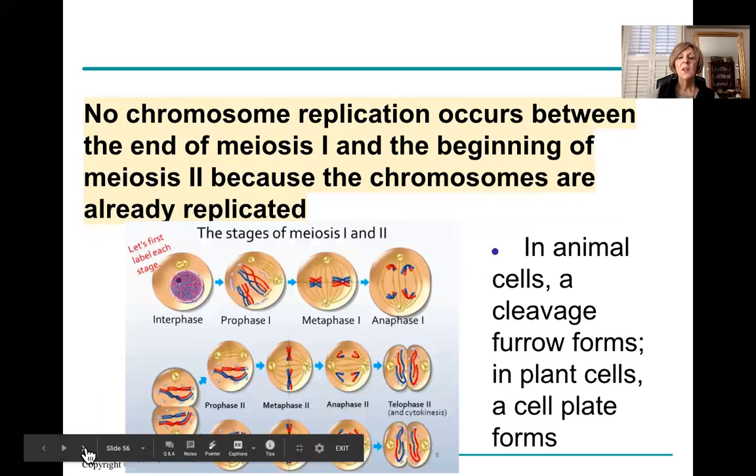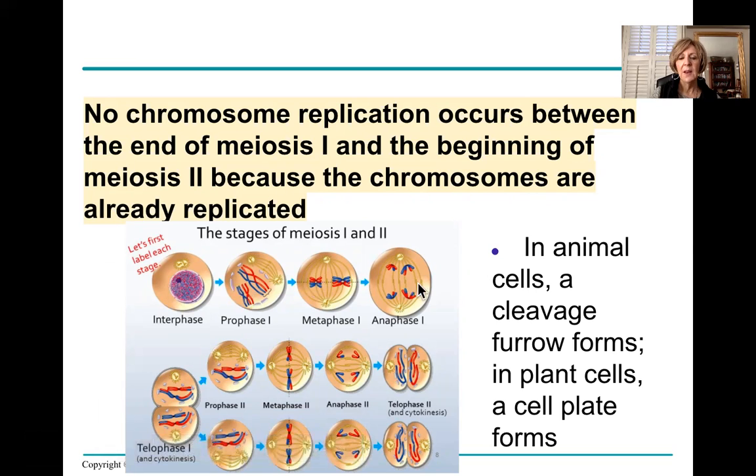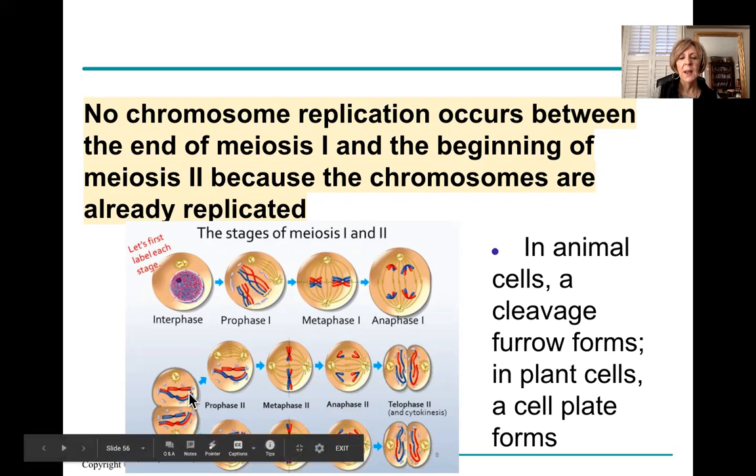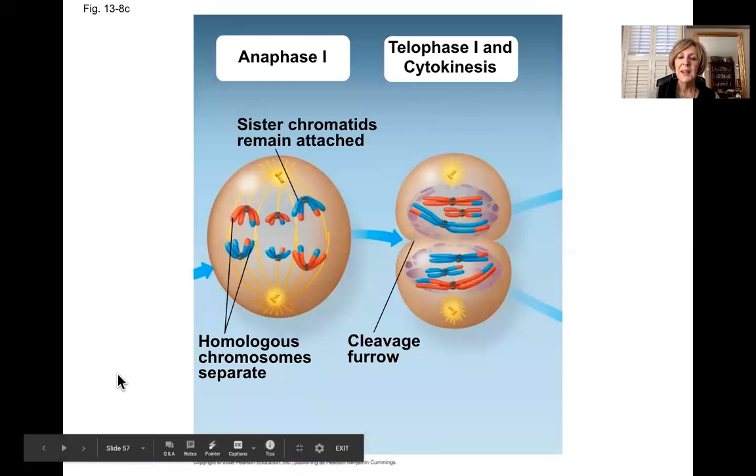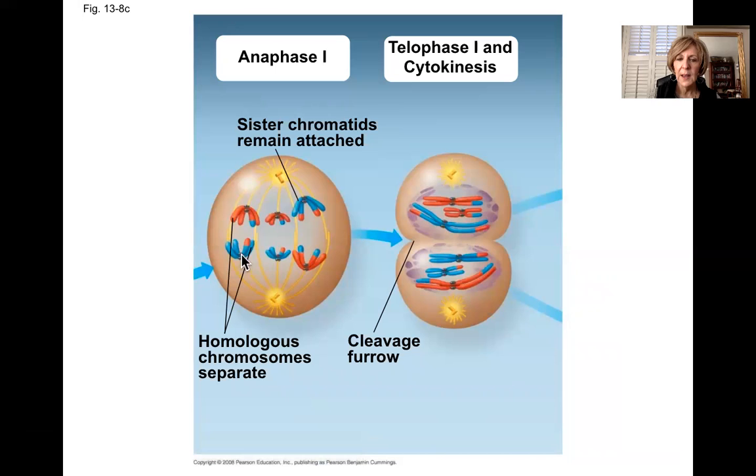All right? So I can see here that I have prophase, this is meiosis 1, right? So I've got prophase 1, metaphase 1, anaphase 1, telophase 1, and now I'm going to start with 2 cells that are now going to be in my meiosis 2. But I can see here in anaphase 1, just want to show you this again.